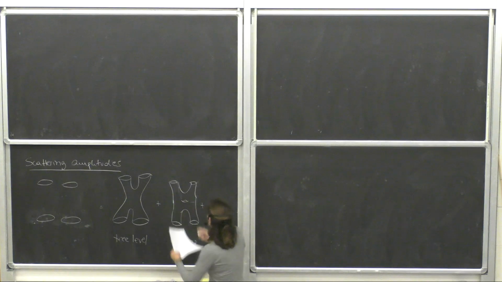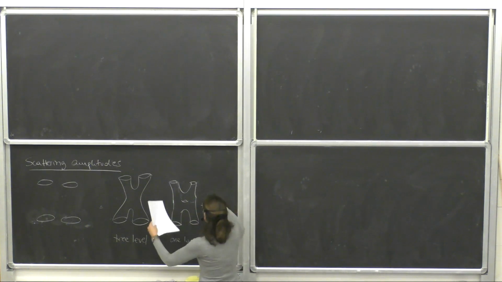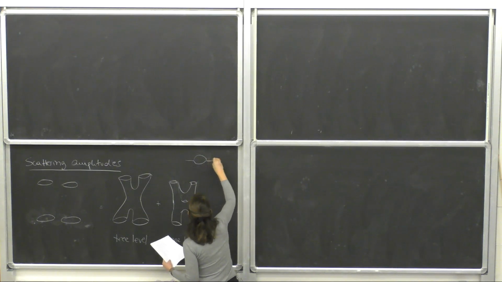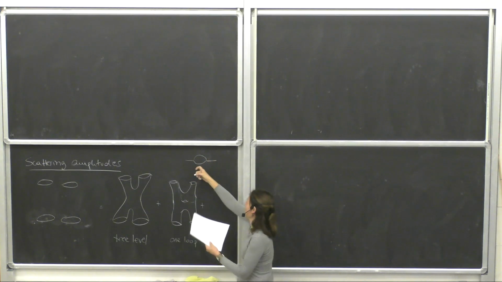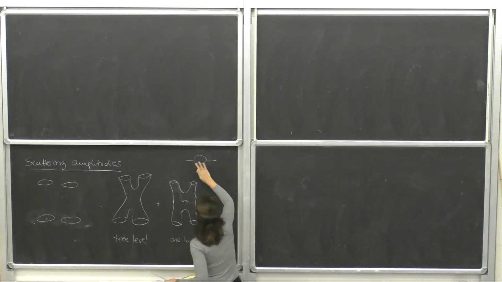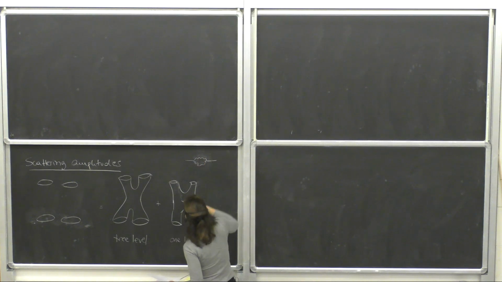Because there is this intermediate process where one string, in point particles one point particle, becomes 2, and these 2 could be something like this, and the same here.